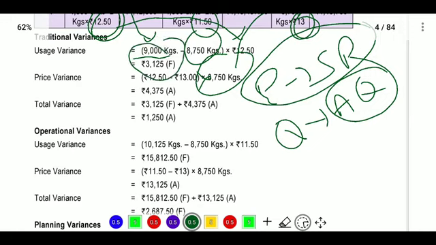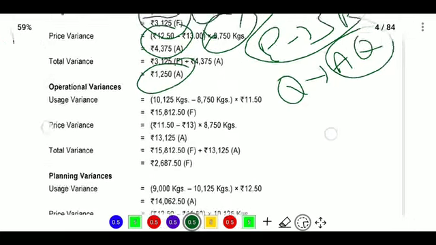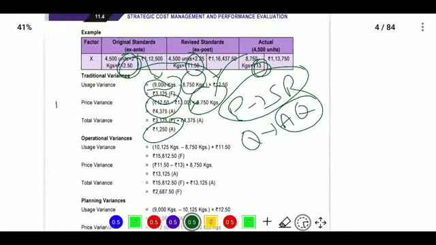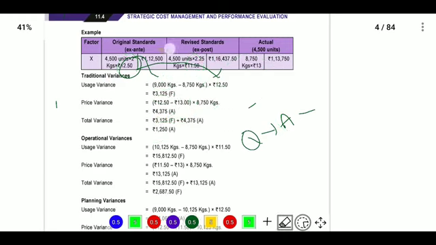It is favorable or adverse. Favorable means positive sign, adverse means negative sign. So overall it will be an adverse sign. This is traditional variance. Next, operational variance means what actually happened.